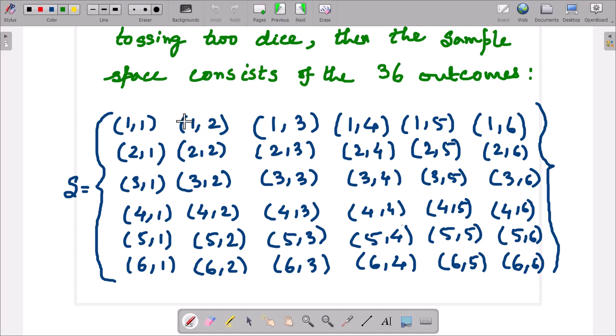In the first die 1, in the second die 2, first die 1, second die 3, like that. So there are 36 possible outcomes, and we can't predict the outcomes for any particular performance. So the sample space is this set of outcomes.